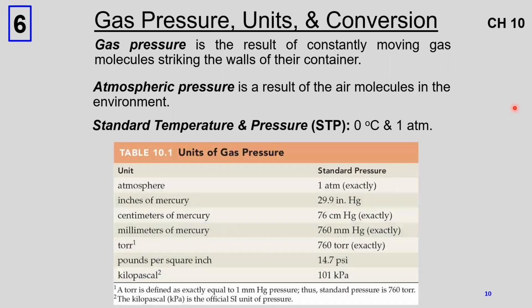And here are the units of gas pressure. So there's atmosphere, inches mercury, centimeters mercury, millimeters mercury, torr, psi or pounds per square inch, and kilopascal. And kilopascal is the official SI unit of pressure.